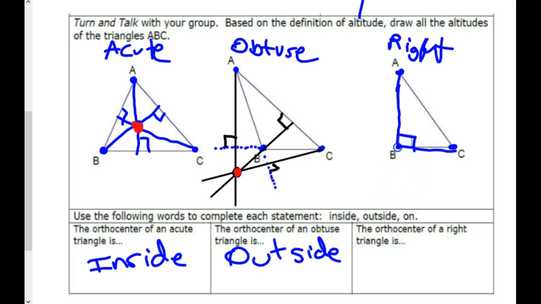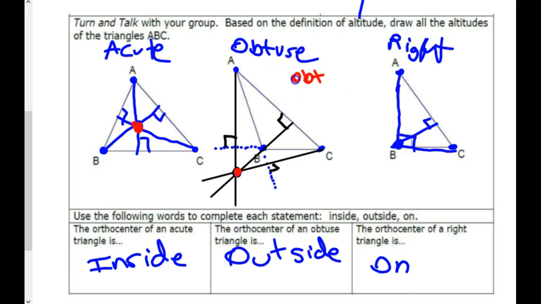And then last but not least, from point B to AC, to make a right angle there, it's going to go inside. But I want you to see edge, altitude, edge, they all intersect at point B, which is on the triangle.